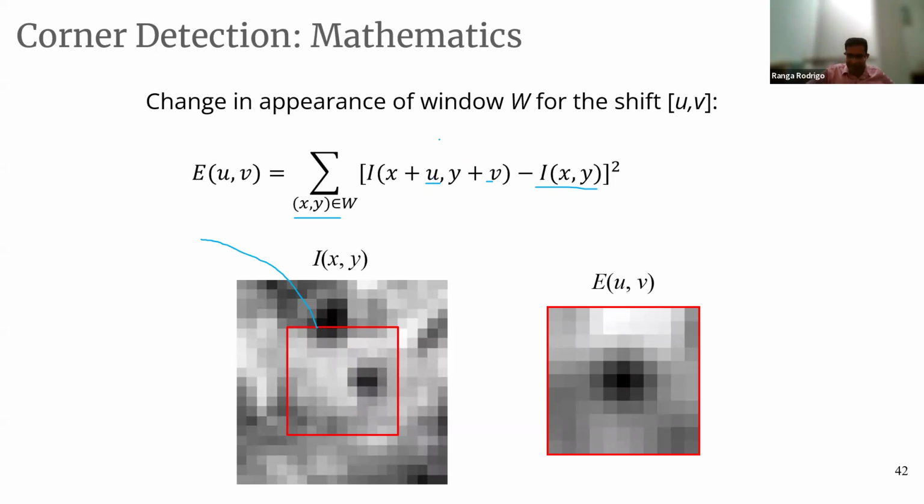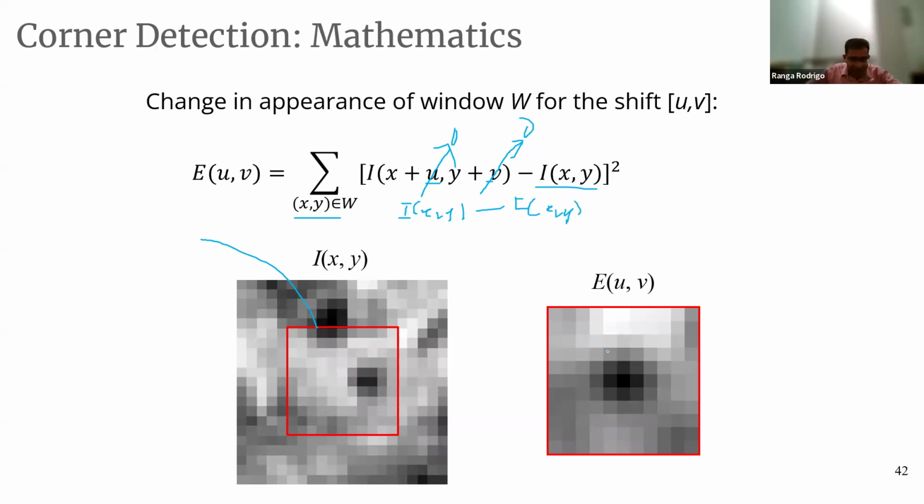So this is very easy. If u and v are both 0, you can see this also becomes I(x,y) and they cancel off. This will be 0. So this is I(x,y) when u and v are both 0 and you subtract I(x,y), you will get 0 there.